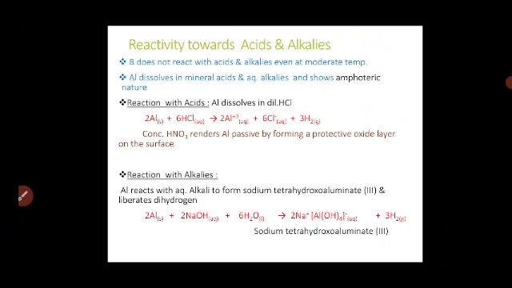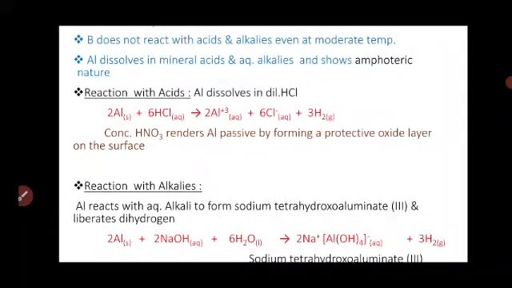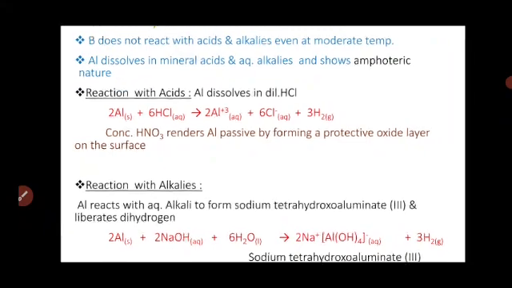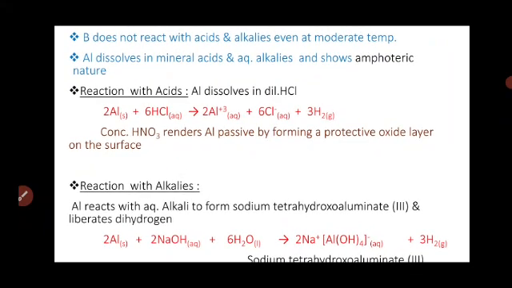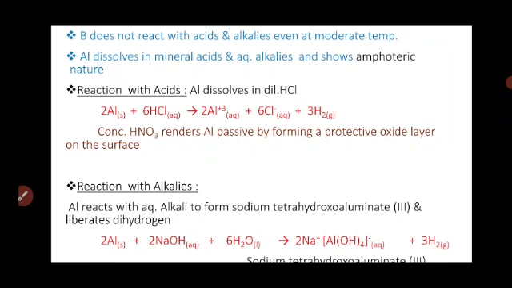Now let us see the reactivity towards acids and alkalis. Boron does not react with acids and alkalis even at a moderate temperature. But aluminium shows amphoteric nature, that is, it dissolves in mineral acids.